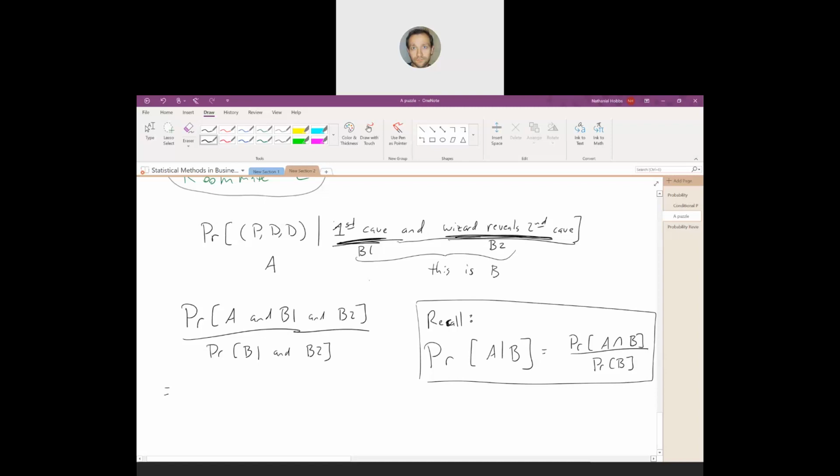So the probability that the princess is in the first cave, and the prince chooses the first cave, and the wizard reveals the second cave. One thing to notice is that A and B are independent.